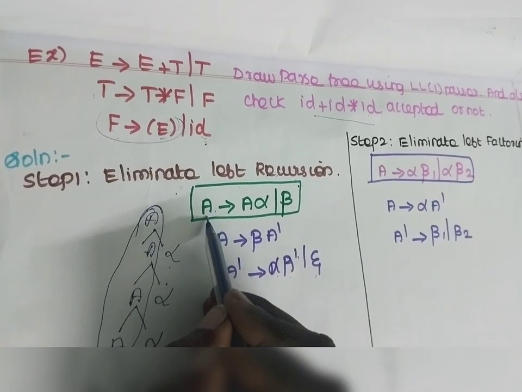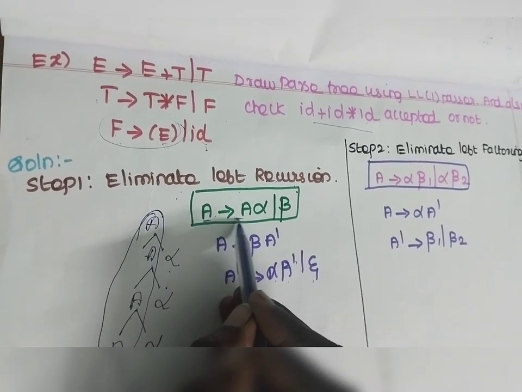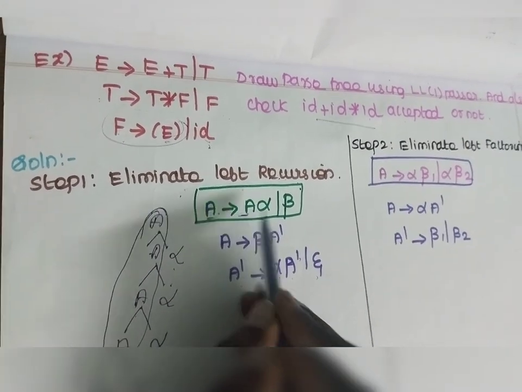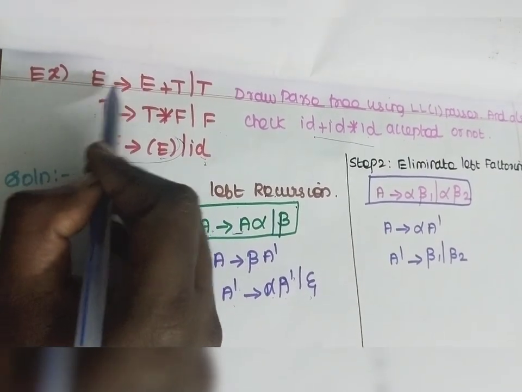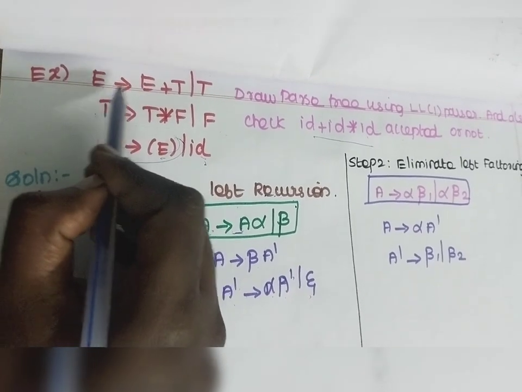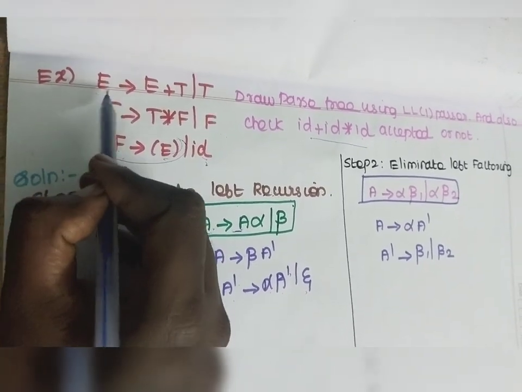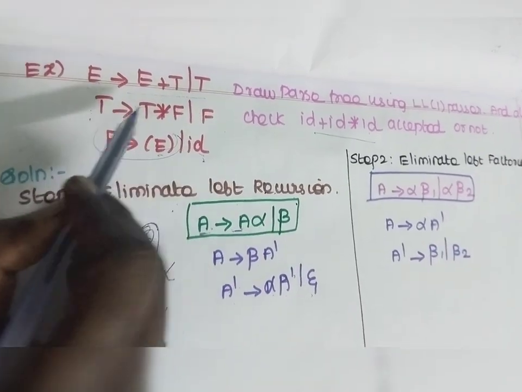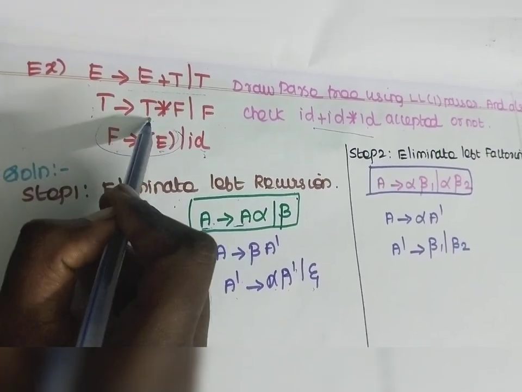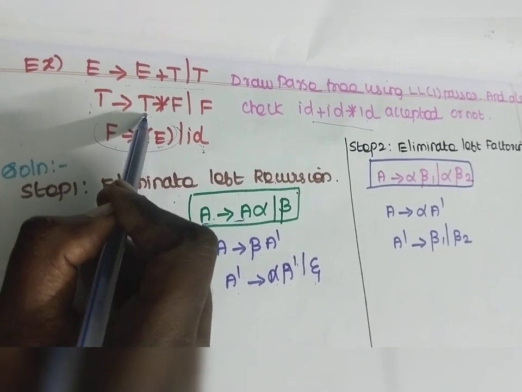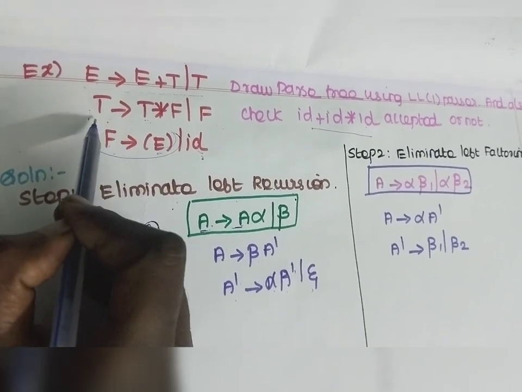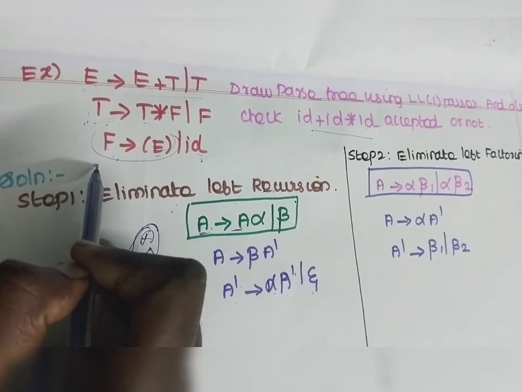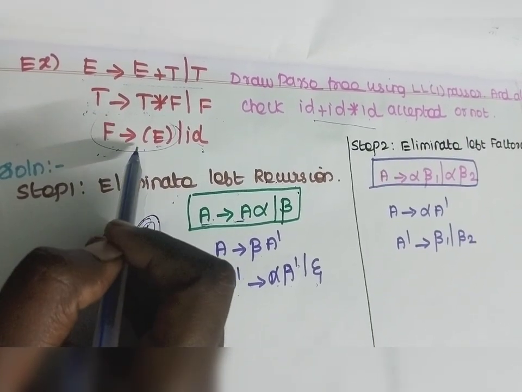Left recursion means the function starts with A and the tends-to value also starts with A, that is A tends to A. Here we have E tends to E, the same, so left recursion occurs and you have to eliminate it for this production. Also check T tends to T, the same, so again you have to apply left recursion elimination for this production. Here there is no left recursion, so no need to do this one.